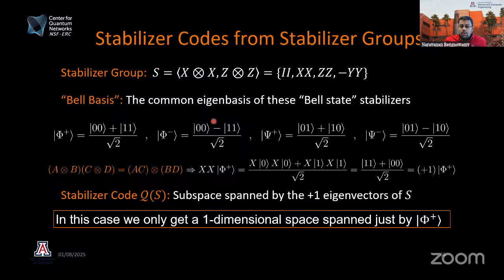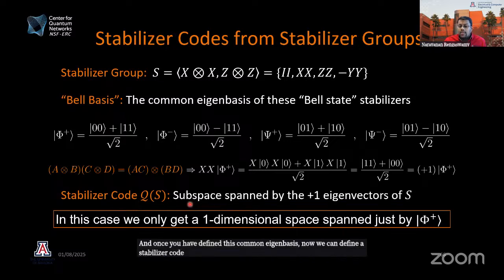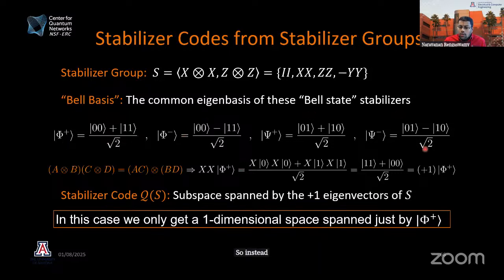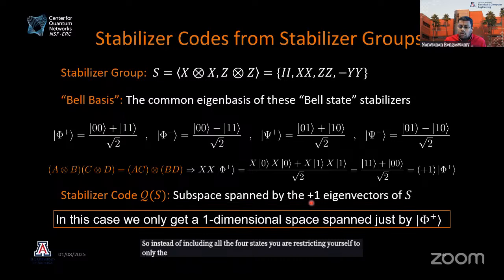And once you have defined this common eigenbasis, now we can define a stabilizer code, which is basically the subspace spanned by all the eigenvectors of these operators that have a +1 eigenvalue. So instead of including all the four states, you are restricting yourself to only the eigenvectors that have a +1 eigenvalue, which in this case is only phi plus.